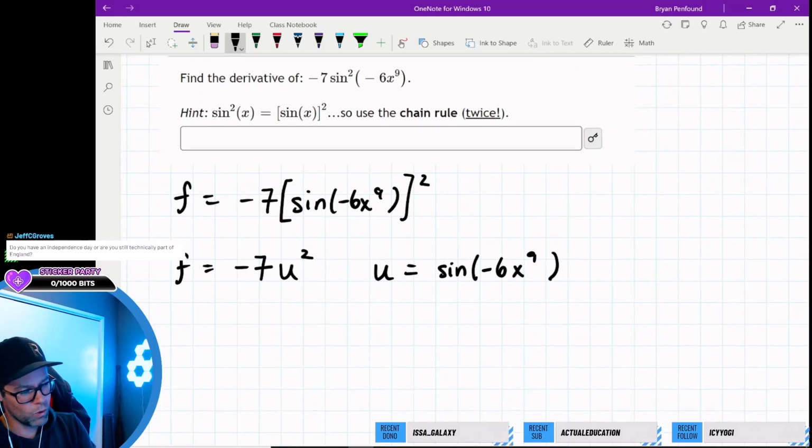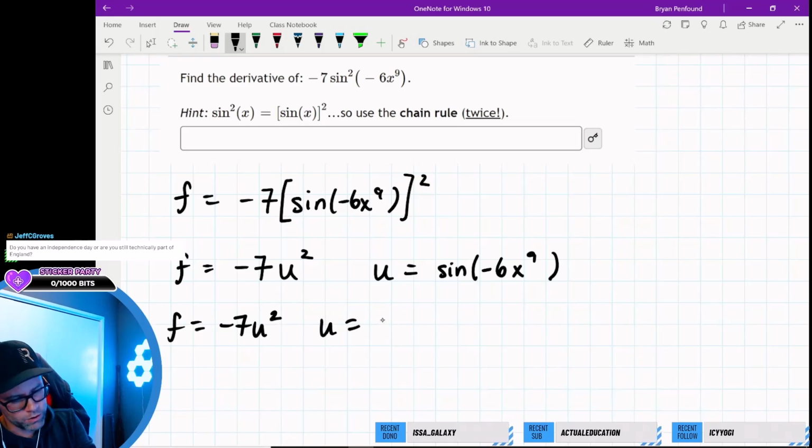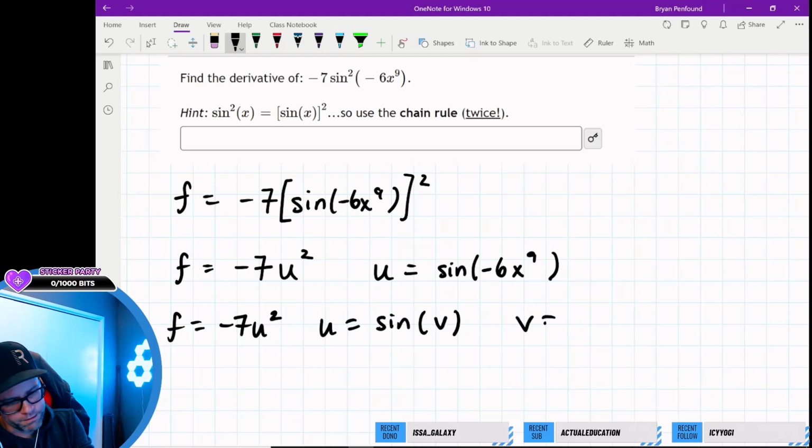And then we could go one step further if we wanted to and say we have negative 7u squared, u is equal to sine of v, and v is equal to negative 6x to the 9.